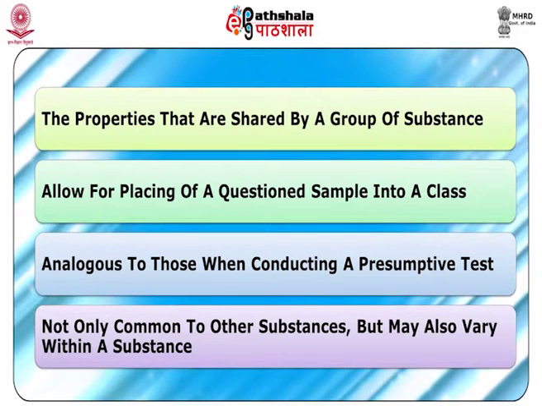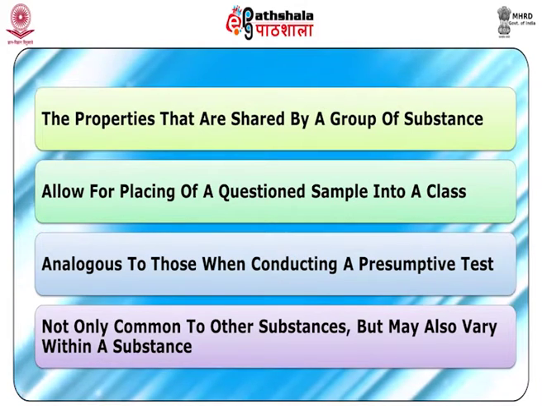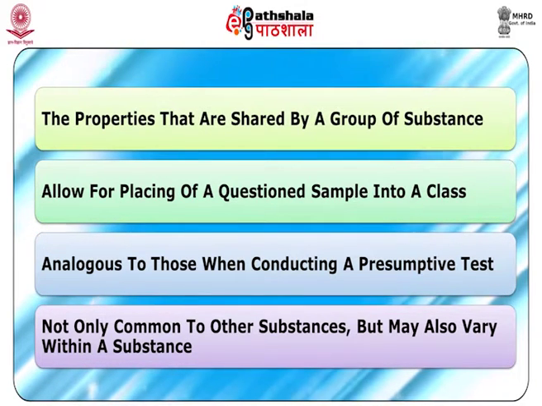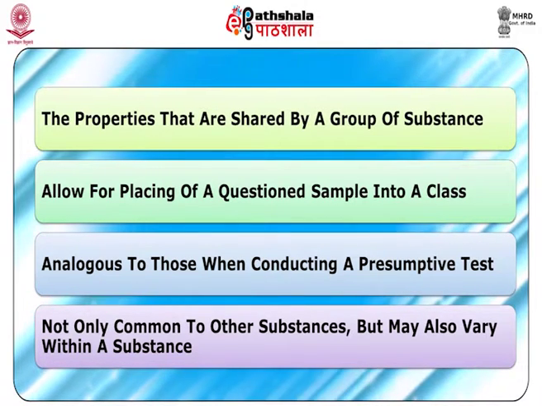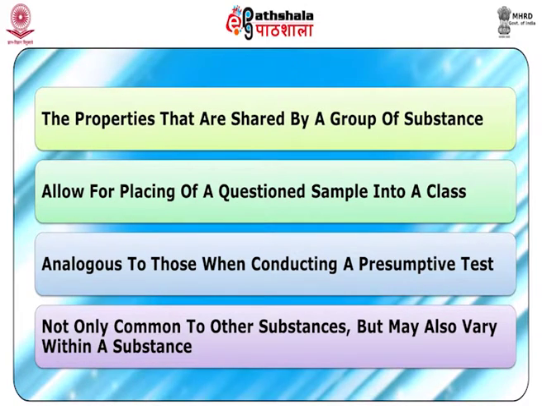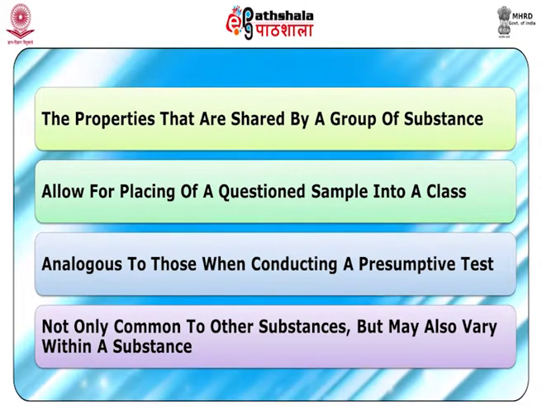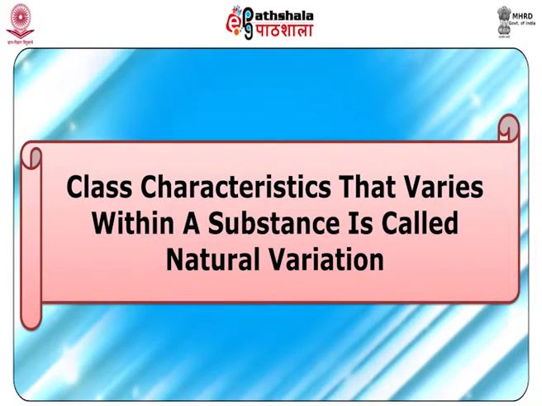These properties are analogous to those used when conducting a presumptive test for the purpose of identification. Not only are class characteristics common to other substances, but they may also vary within a substance. A class characteristic that varies within a substance is called natural variation.